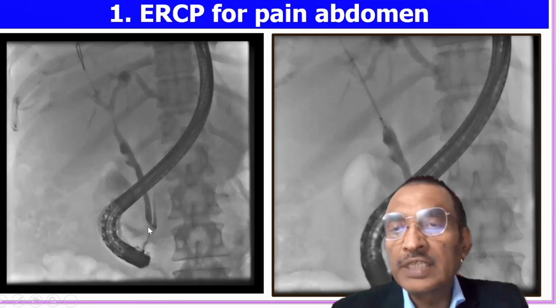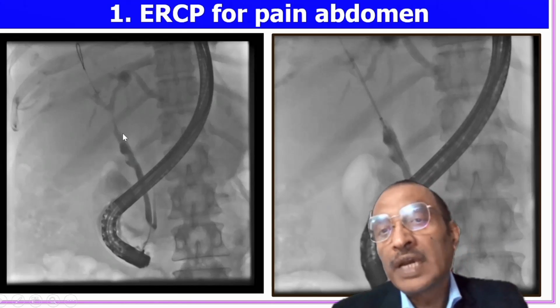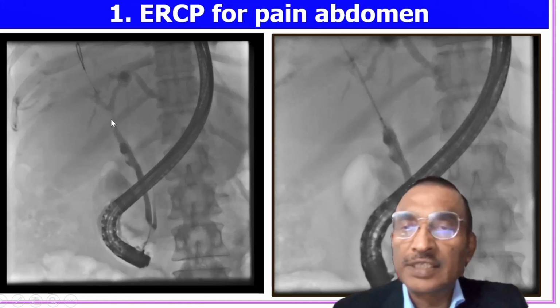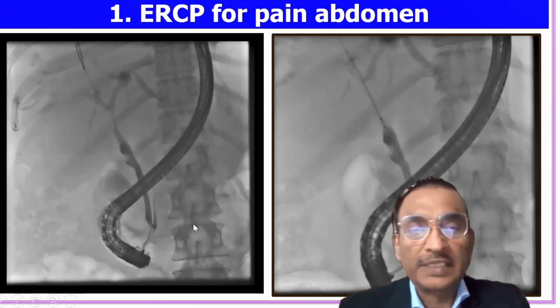Here, this duct is crossing the scope and then crossing the vertebra, and you have to see the branching pattern. If it is acute angle branching, then it should be the bile duct, and if there is right angle branching, then it can be the pancreatic duct.